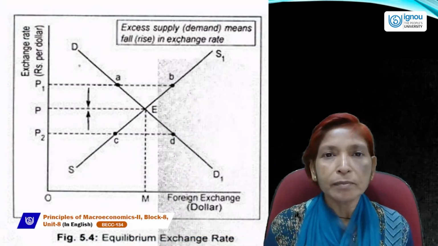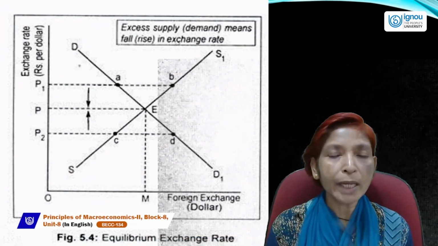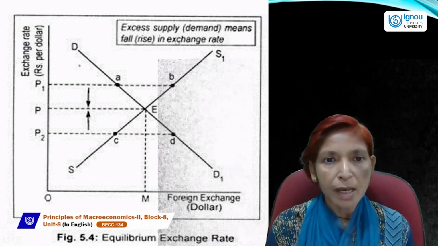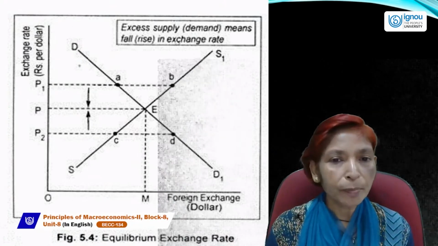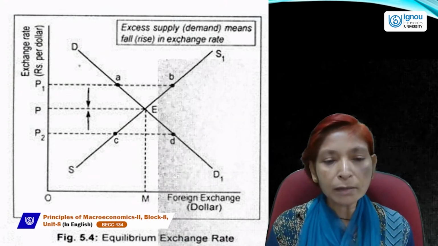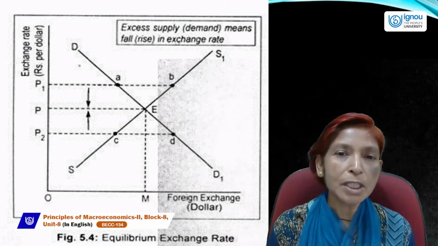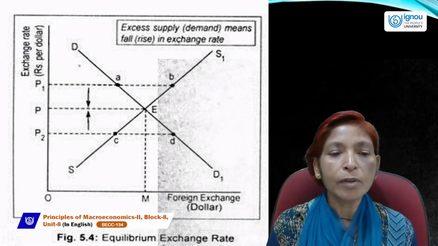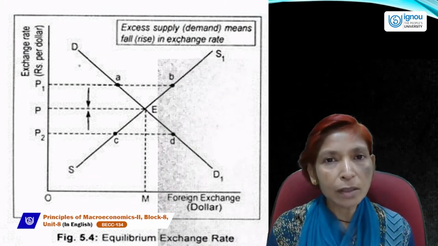Next, disequilibrium also exists in this floating exchange rate system. Excess supply or excess demand can exist. First of all, we will draw the demand curve, which is always a downward sloping curve, and the supply curve, which is always an upward sloping curve, where both curves intersect each other. The equilibrium exchange rate is determined.